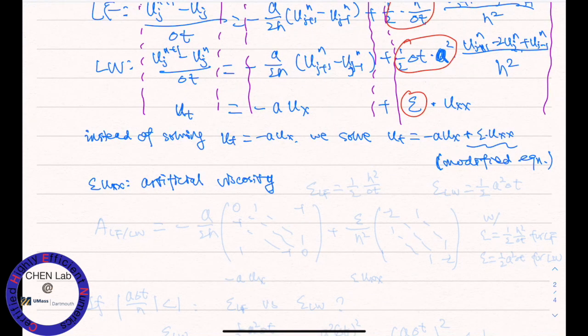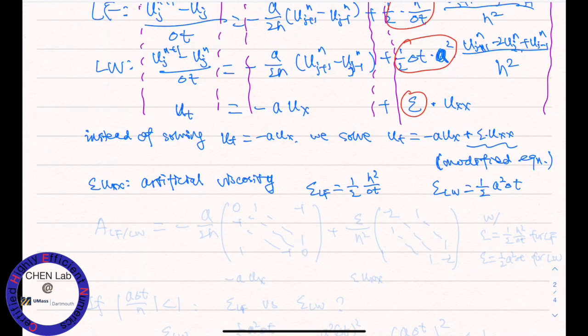The amount of viscosity epsilon_LF is just 1/2 h squared over delta t. The amount of viscosity for Lax-Wendroff is 1/2 a squared delta t.